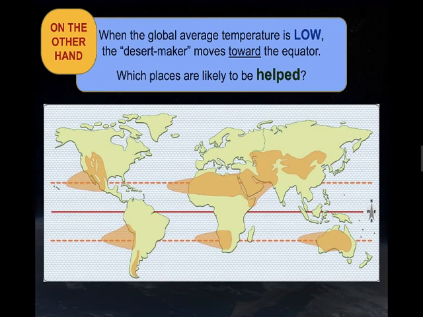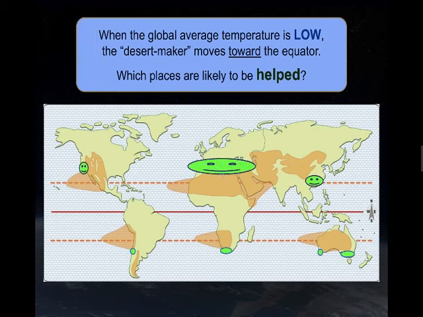On the other hand, when the global average temperature is low, the desert maker moves a little bit toward the equator. The places that are likely to be helped are all of the ones that we just named as being hurt when it was pushed away.